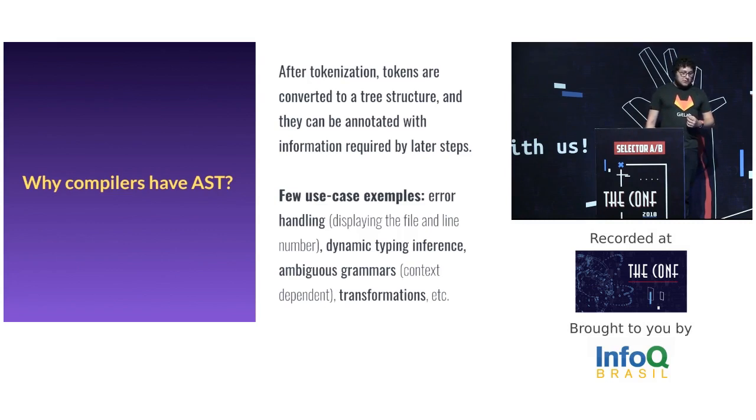It can also be used to disambiguate ambiguous grammars, for example, when it's an opening or a closing tag in the Markdown example before. And you can manipulate the AST to do transformations not at the source code level, but as an object in memory, and so on.